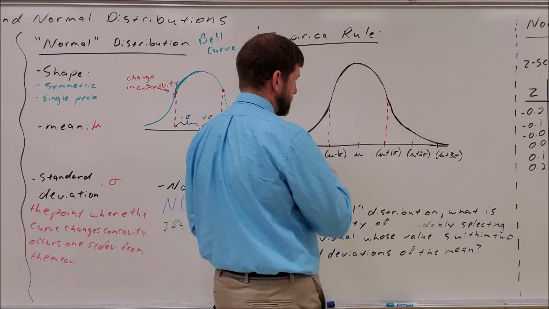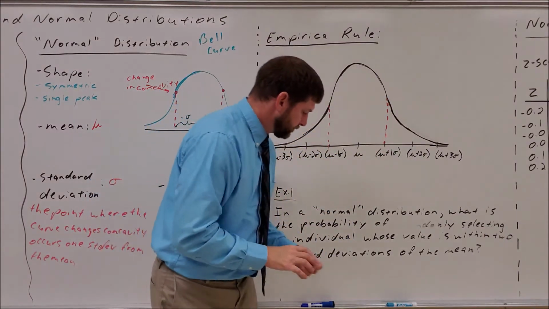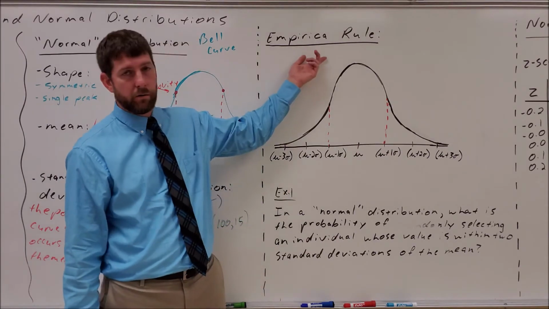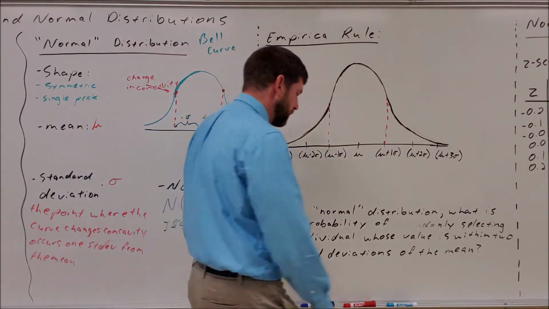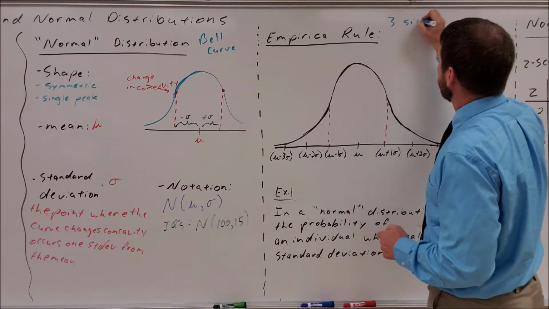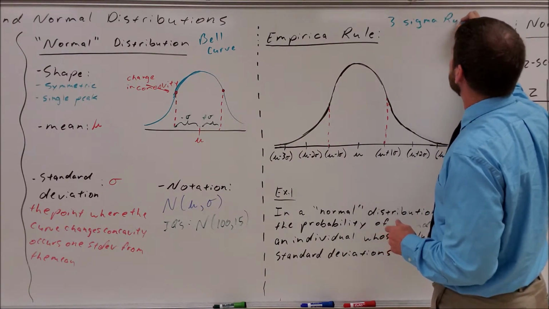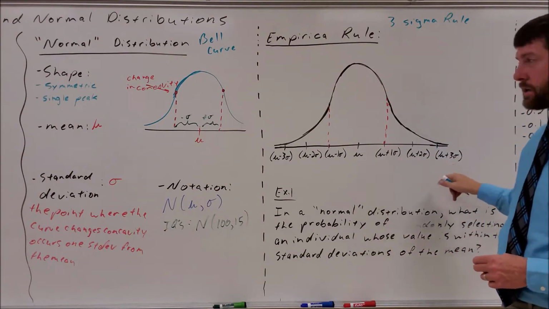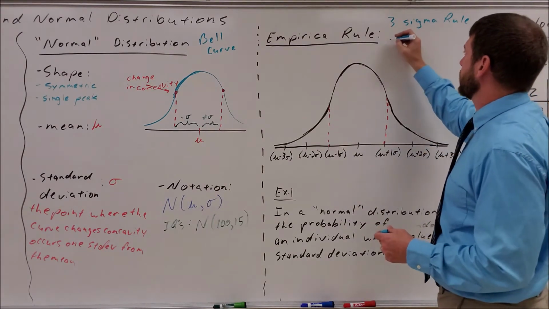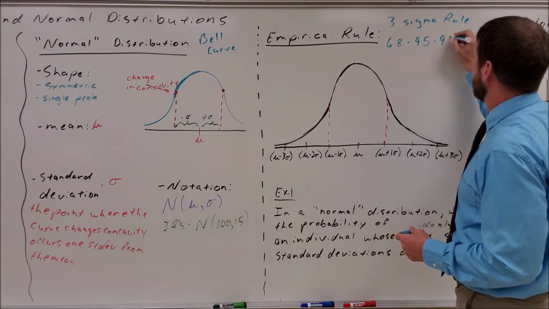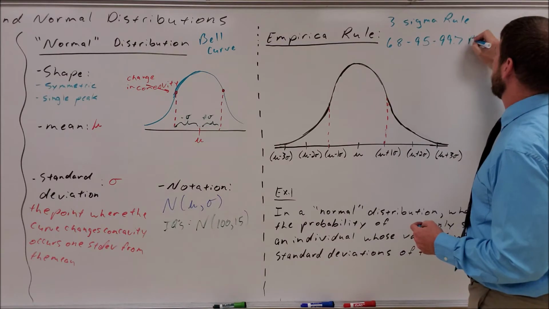If the data is normally distributed, it's going to follow what we call the empirical rule, or sometimes the 3 sigma rule. Sigma is standard deviation, so the 3 standard deviations rule. But most commonly, you'll see it referred to as the 68, 95, 99.7 rule.